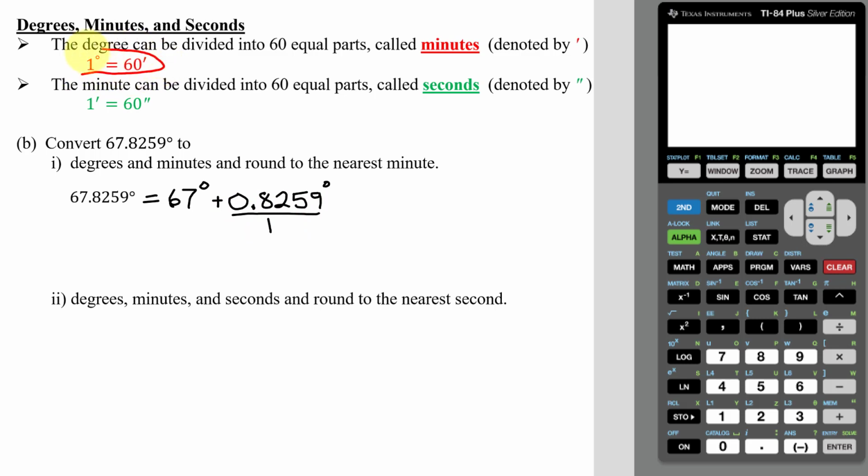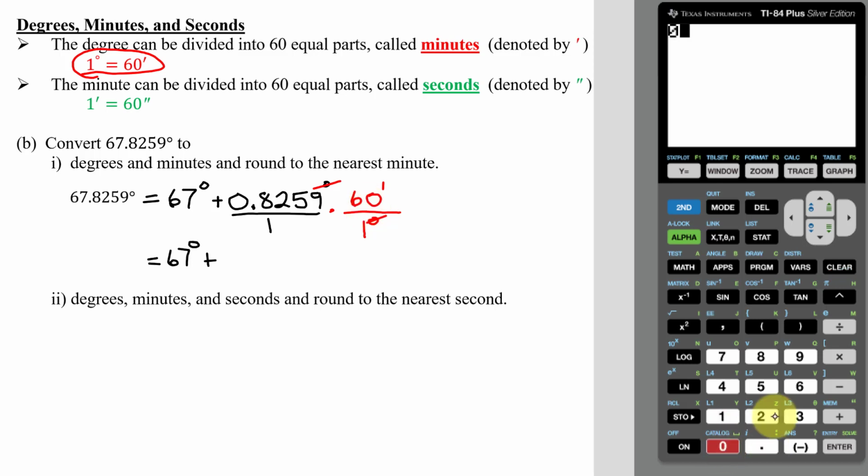I'm going to use this conversion factor. Since I have degrees in the numerator, I need degrees in the denominator, so they will reduce. So I have 1 degree in the denominator and 60 minutes in the numerator. My degrees reduce, and so I'm going to get 67 degrees plus 0.8259 times 60, and that's going to be in minutes.